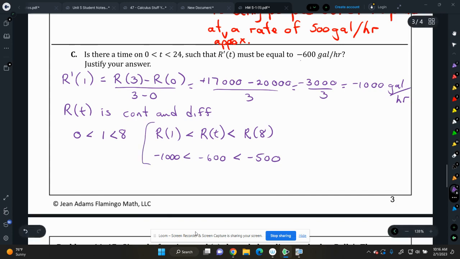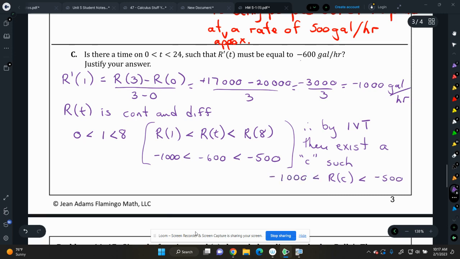And then we're going to say, therefore, by the intermediate value theorem, there exists a C such that R of C is between negative 500 and negative 1000. Okay?